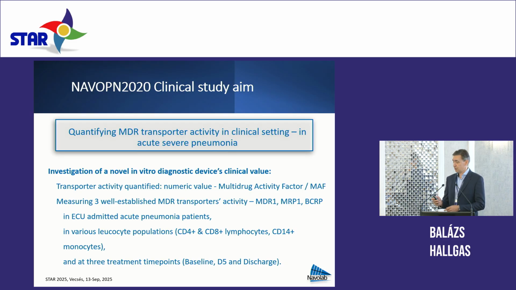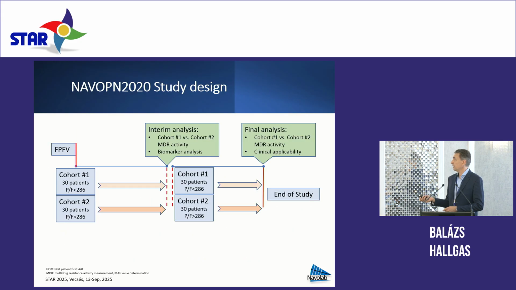We measure the patients at 3 time points, and we target to enroll a relatively high number of patients. This is why it is just an interim analysis, and we measure the MDR activity at 3 time points.